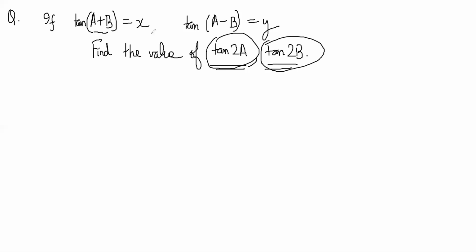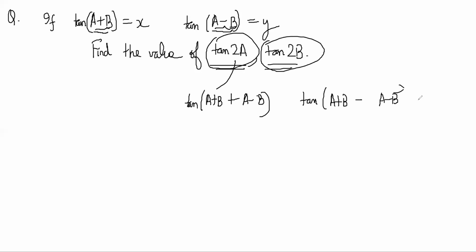Think of the angle. a plus b plus a minus b is what? It's 2a. And a plus b minus a minus b is what? It's 2b. So that's over.